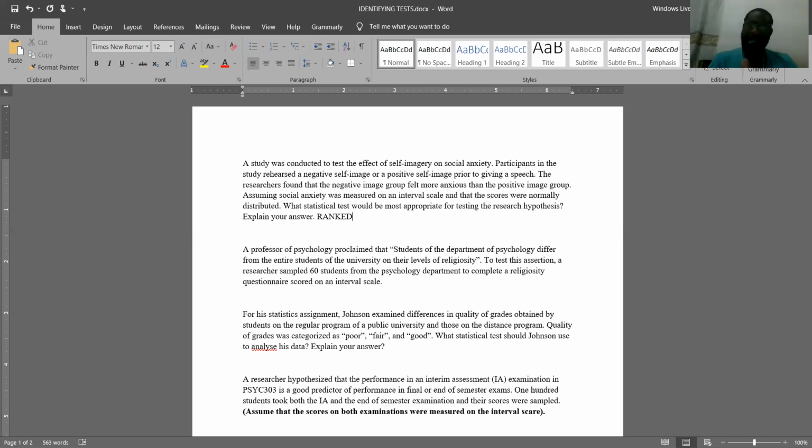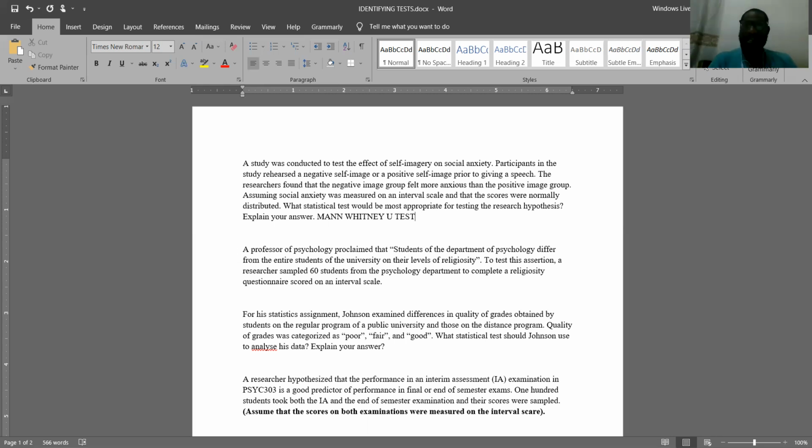Select the non-parametric form of independent t-test, which is what is referred to as the Mann-Whitney U test. So within the same question, they could have changed just one word and the type of test you'll be using would have been different.